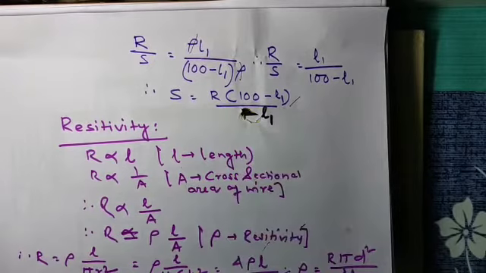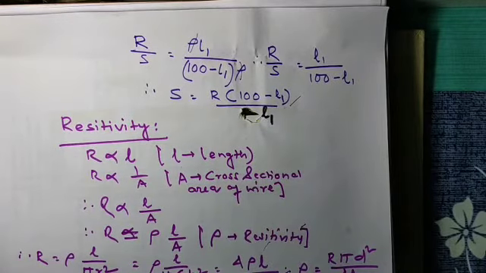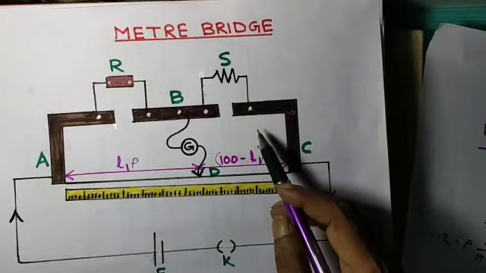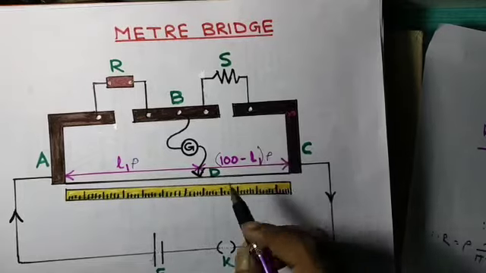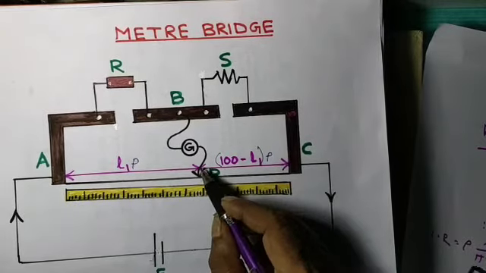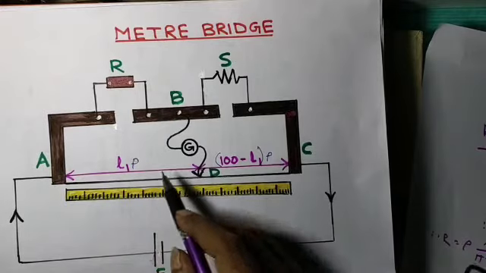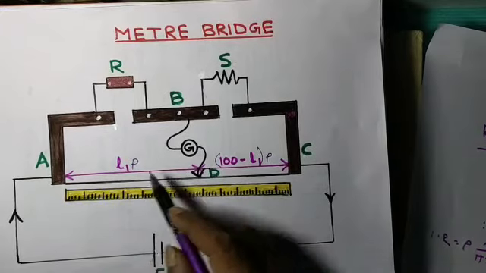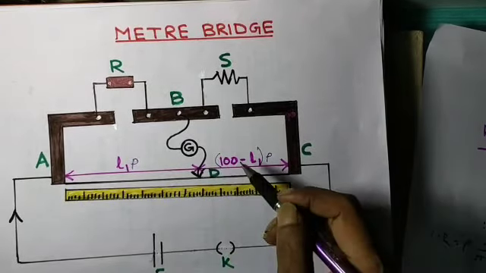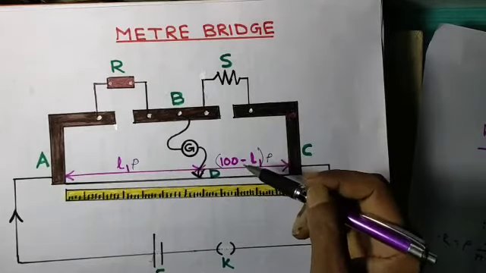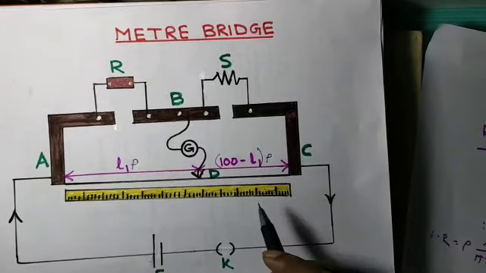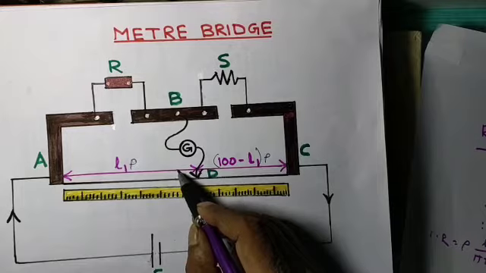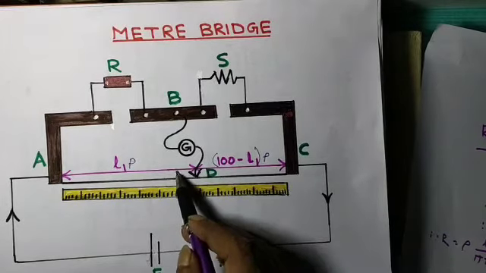Now we'll discuss the sensitivity of the meter bridge. At what time will the meter bridge be very sensitive? It has been observed that if the null point lies between 40 centimeters and 60 centimeters, the sensitivity of the meter bridge will be the maximum. It is not preferable to get the null point exactly at 50 centimeters, the middle of the wire.